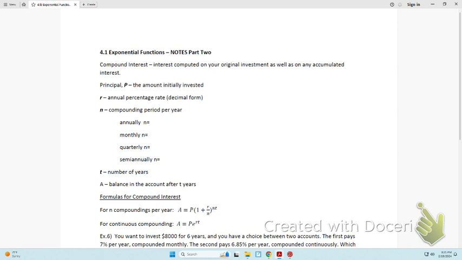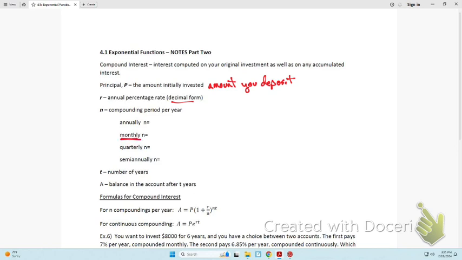So all the variables are defined up here. P is the amount you deposit. R, that's pretty easy. That's your percent. Just change it to decimal. N is tricky. They're going to tell you one of those words there.